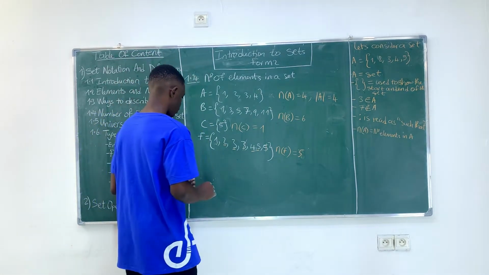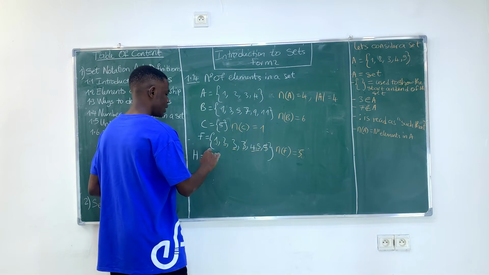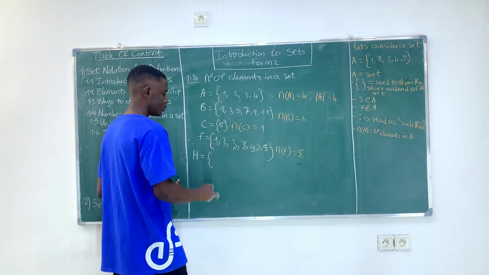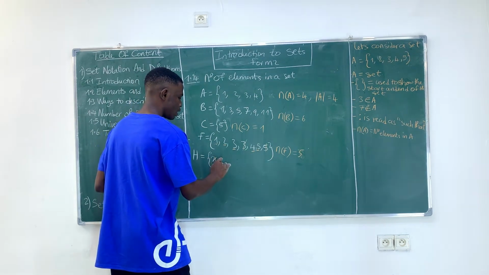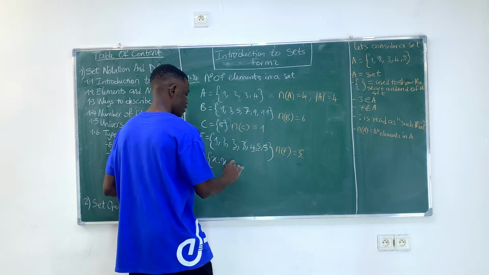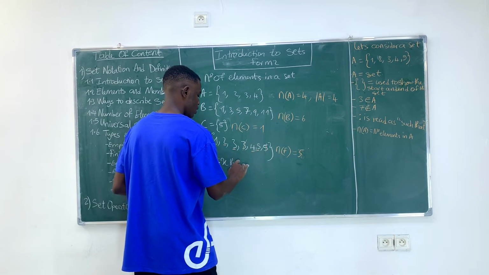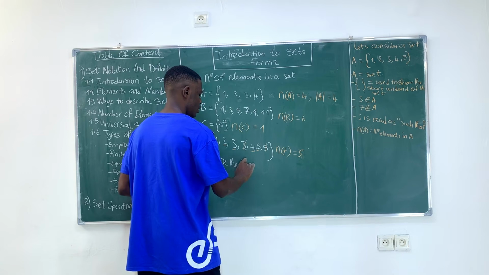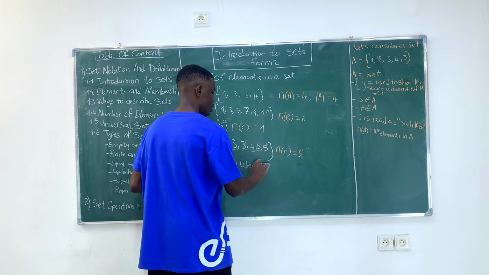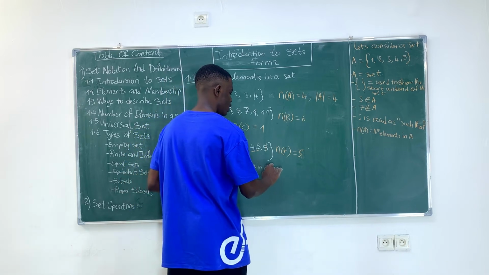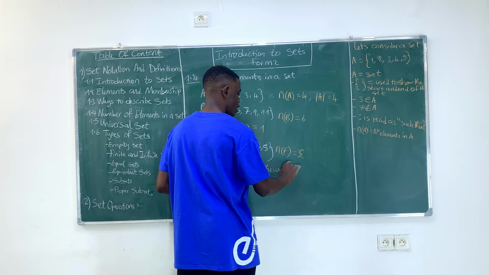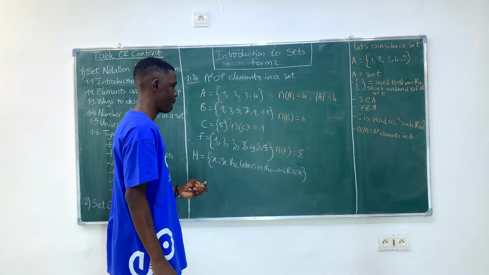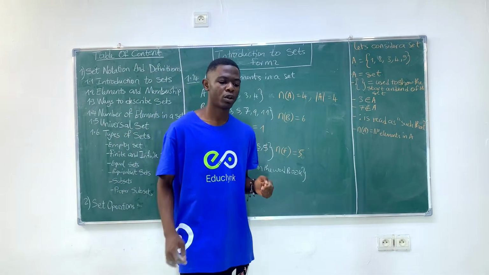Let's take another example. The set H is {x : x is the letters in the word book}.